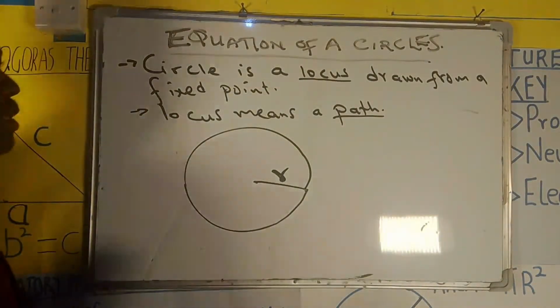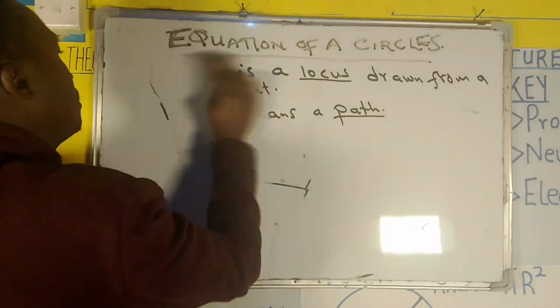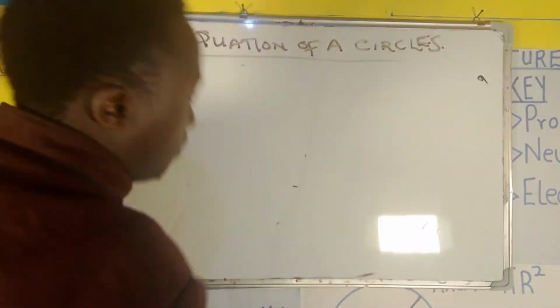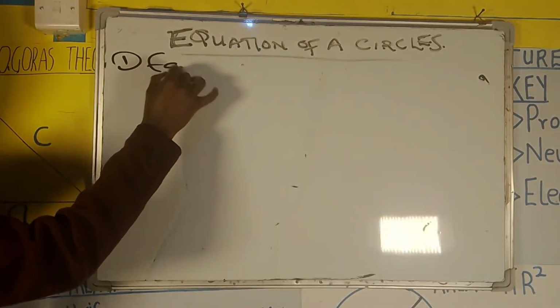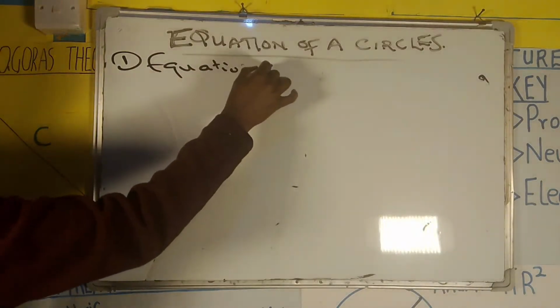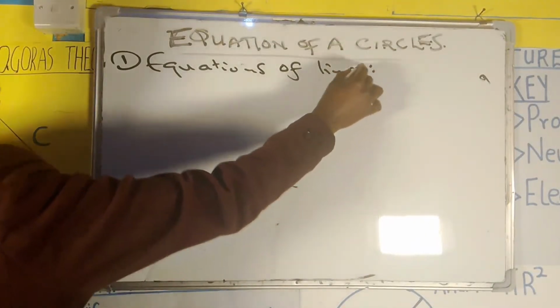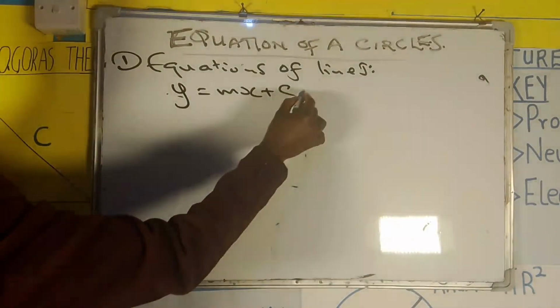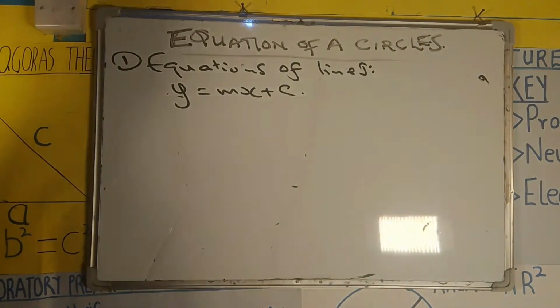So I want us now to discuss equation of circles. Back in Form 2, we learned about equation of lines, where we said that a straight line is equivalent to y equals mx plus c. That is the general equation of a straight line.